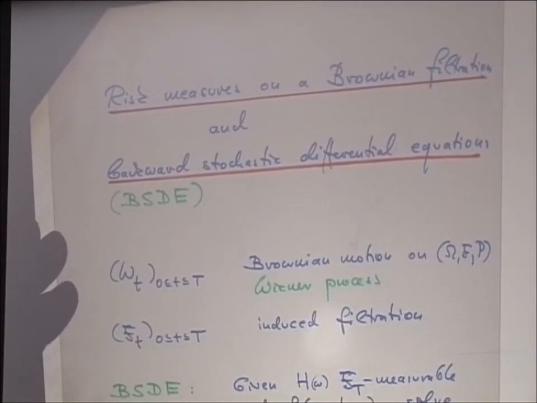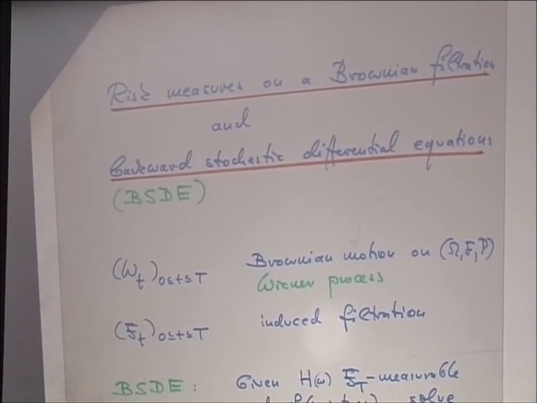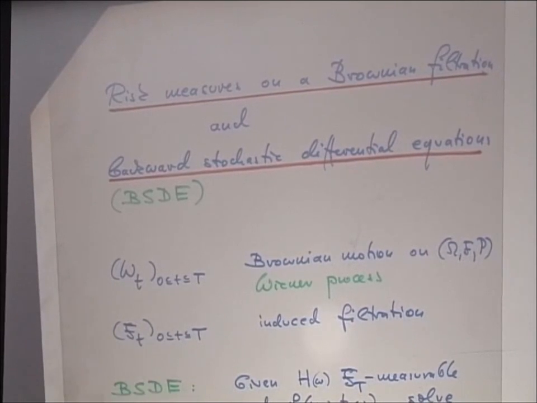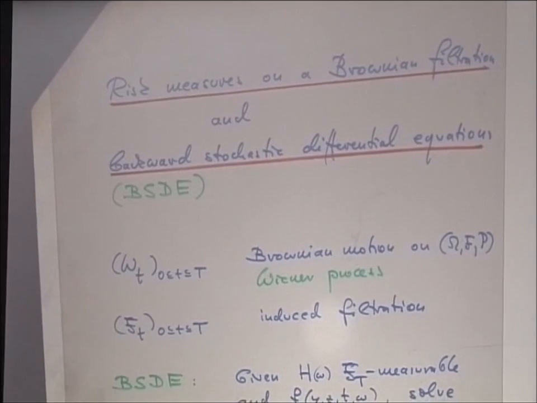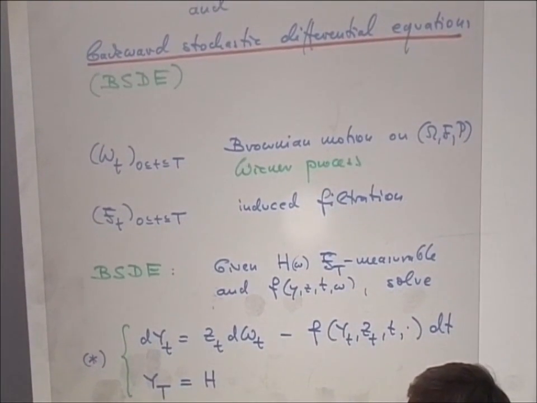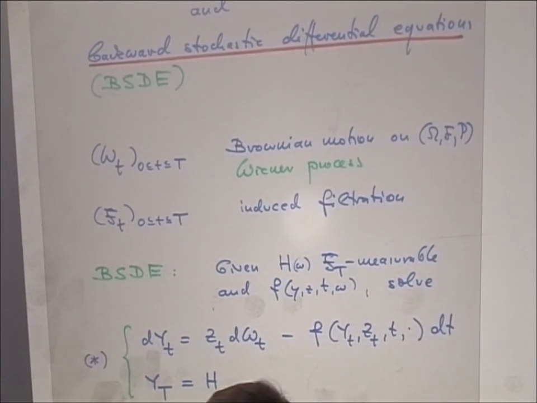And then very naturally there is a link to backward stochastic differential equations, and that means also to certain nonlinear PDEs. So let's fix a Brownian motion or a Wiener process on some probability space. And Ft is the filtration which is induced by that Brownian motion, so just the information we get by observing the Brownian motion.